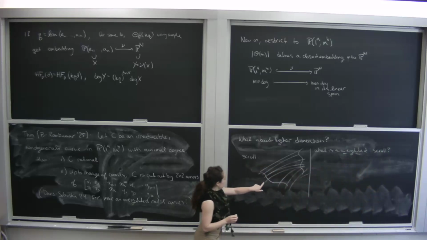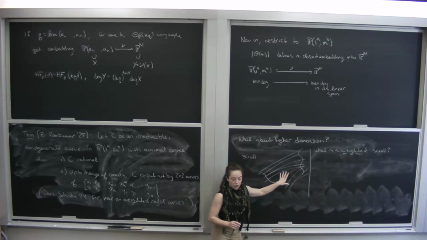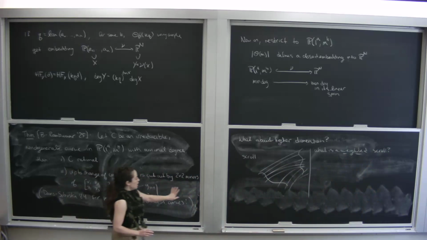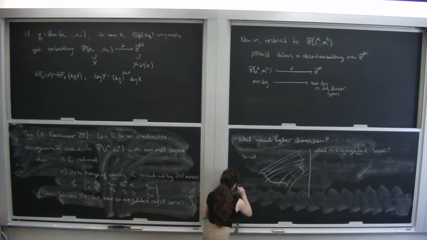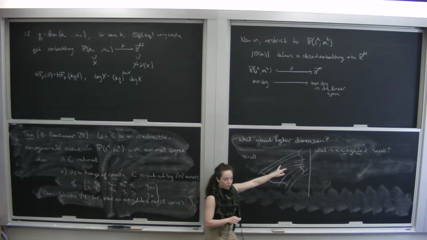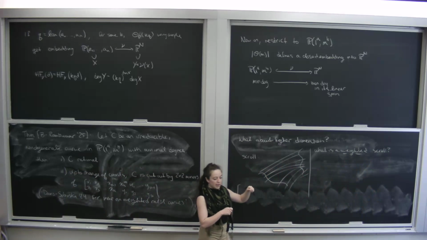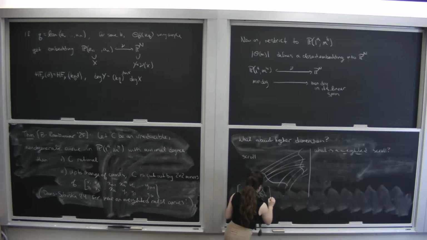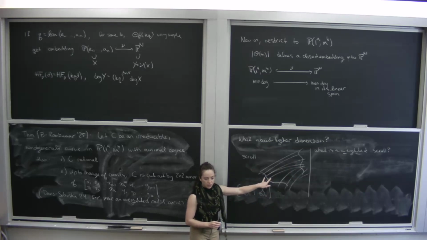If I look back at this picture from before, if I want to describe the equations, each of these curves in my scroll are cut out by 2 by 2 minors of a matrix. So I have a block here that I'll call cursive S1. And then I'm just going to concatenate the two blocks. And this is the matrix that cuts out this variety.